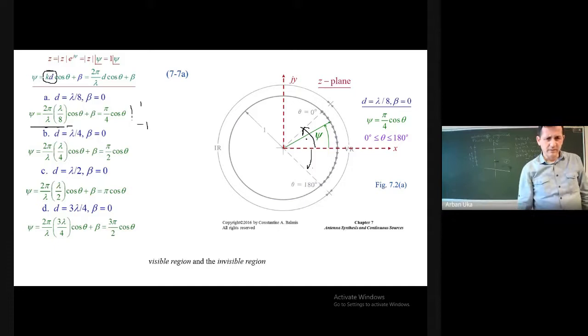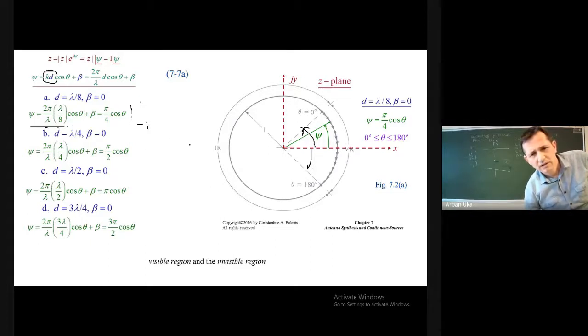But let me think also regarding an important aspect. Let's have a look at equation 7.7a. If we want to design an antenna system of which we don't know the number of components yet, but we know that we want a null at theta equal to 90 degrees.